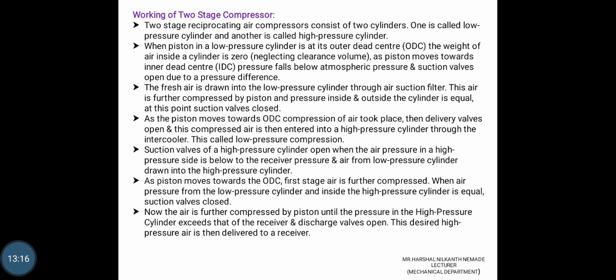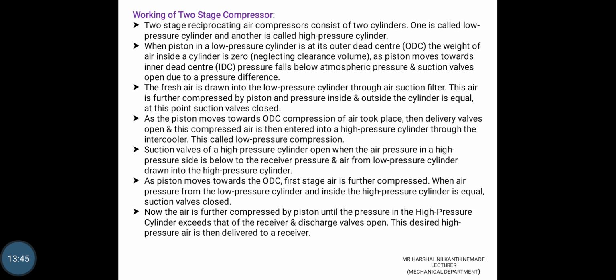As the piston moves toward the outer dead center, compression of the air takes place, the delivery valve opens, and the compressed air then enters the high pressure cylinder through the intercooler. This is called low pressure compression. The suction valve of the high pressure cylinder opens when the air pressure is below the receiver pressure, and air from the low pressure cylinder is drawn into the high pressure cylinder.